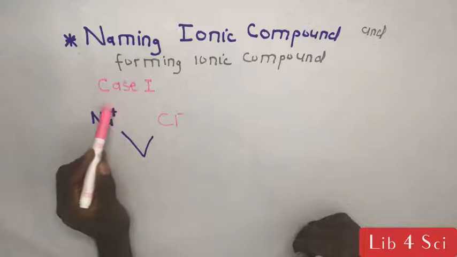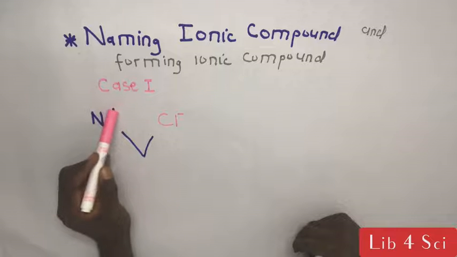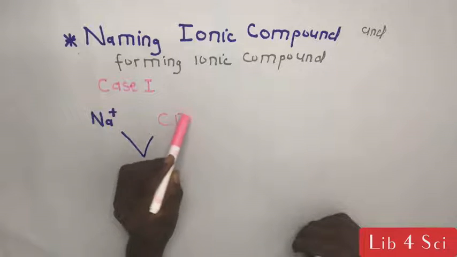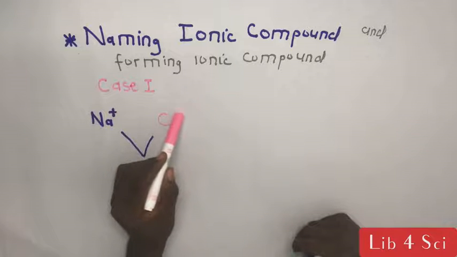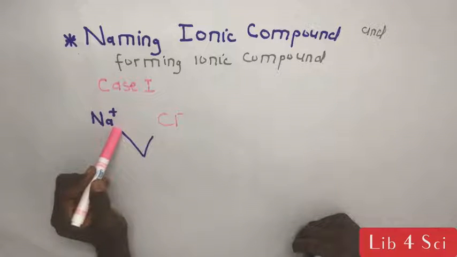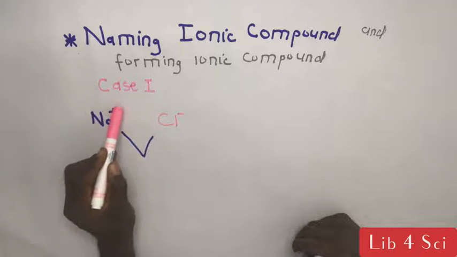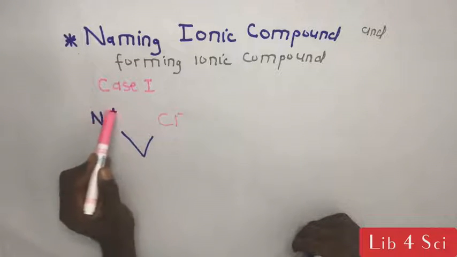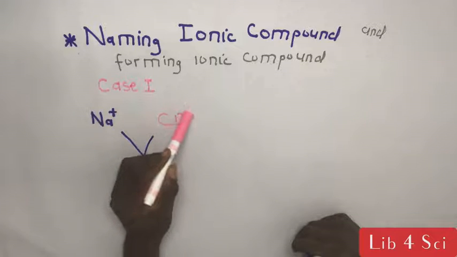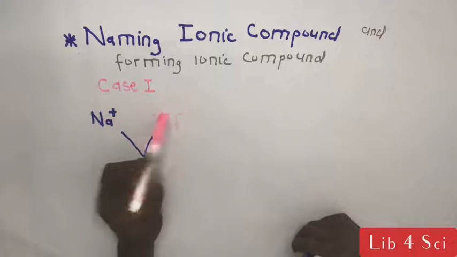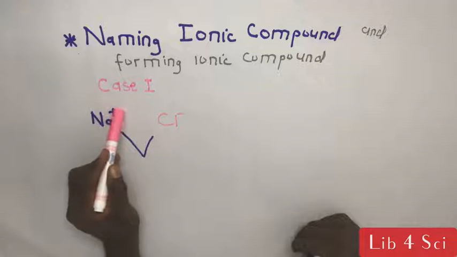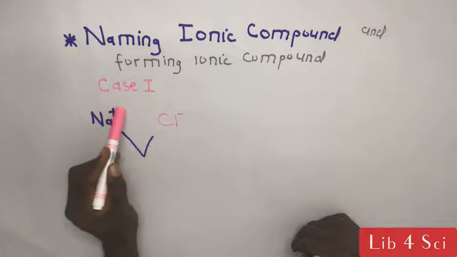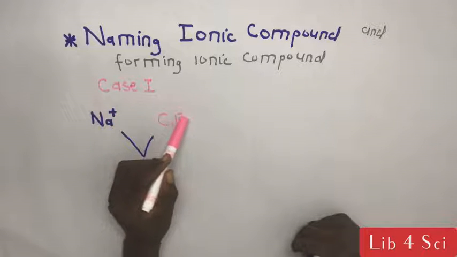The number on the positive charge should go as a subscript to the negative ion, and the number on the negative charge should go as a subscript to the positive ion. Here the charge is positive 1 for the metal and negative 1 for the non-metal. We are not interested in the signs; our focus is the numbers attached to those charges. The positive charge number is 1, and the negative charge number is 1.